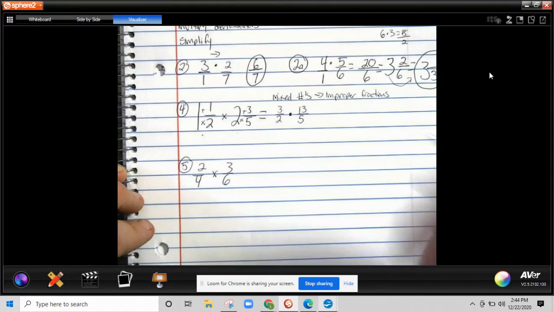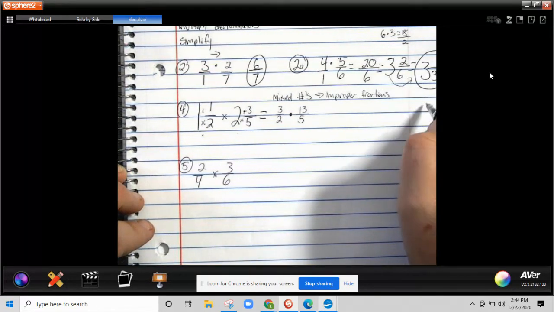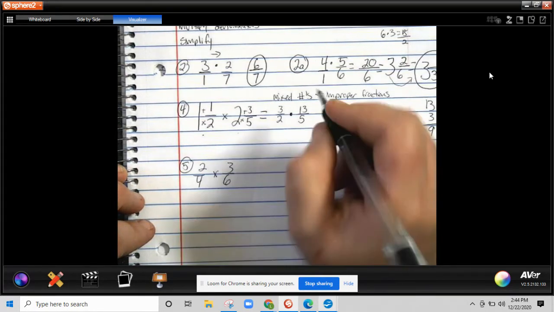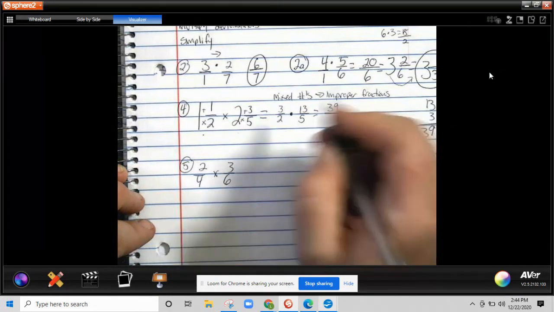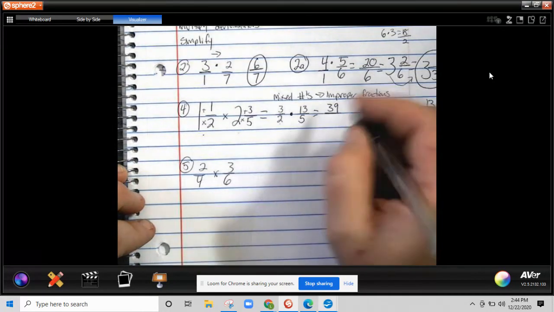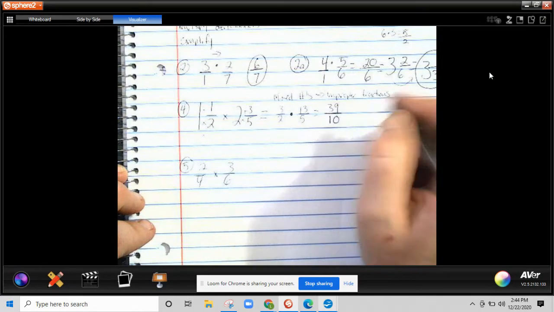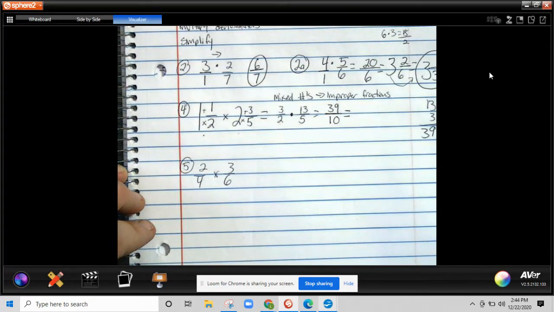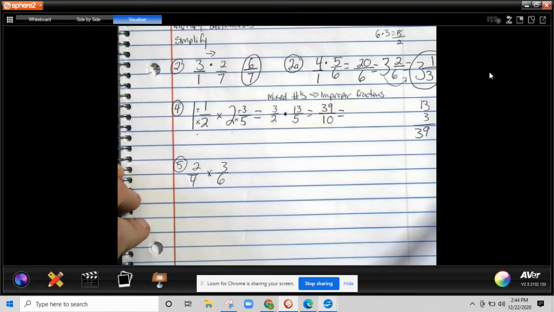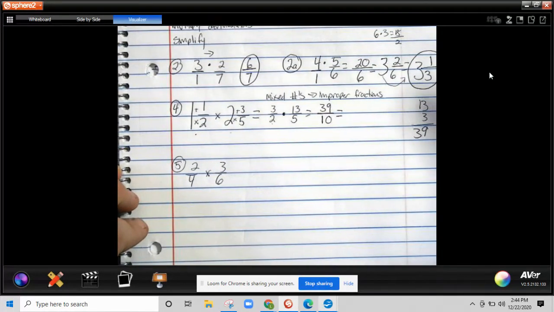Now I'm just going to multiply. 13 times 3 is going to be 9 with my 3. So it's going to be 39. Now 2 times 5 is going to be 10. All right, so now this is going to be an improper fraction. So what I need to do is I need to turn it back into a mixed number.